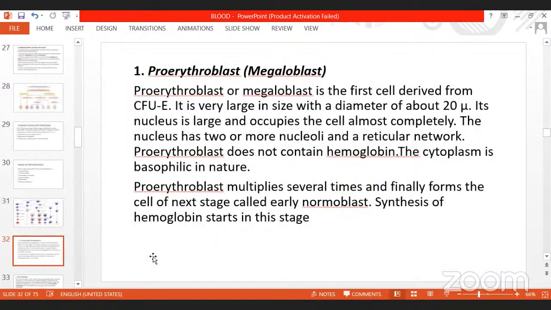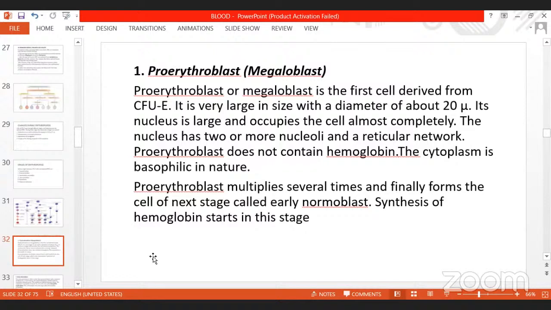The proerythroblast is known as megaloblast. The megaloblast is the first cell derived from the colony forming unit erythrocyte. It is large, around 20 micron. The nucleus is large and occupies the cell almost completely.